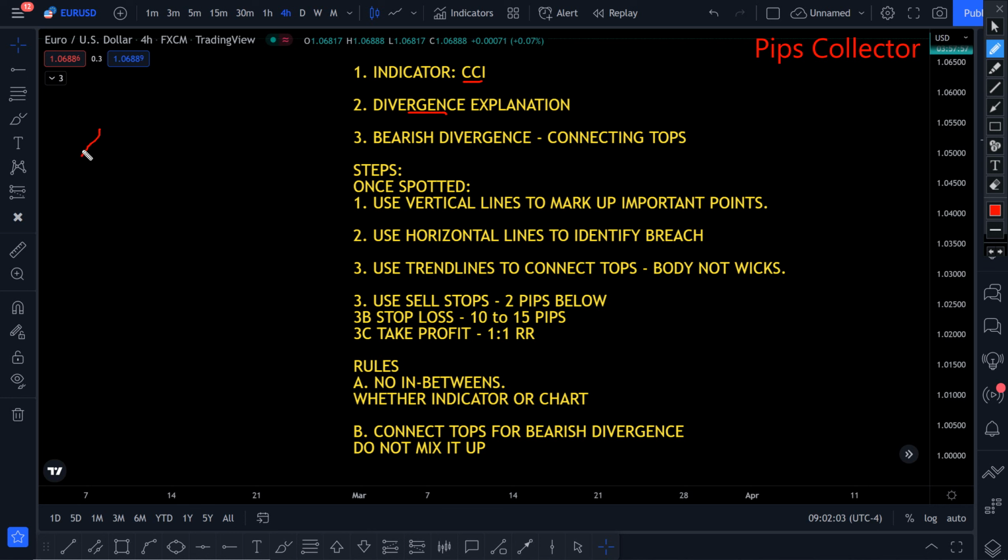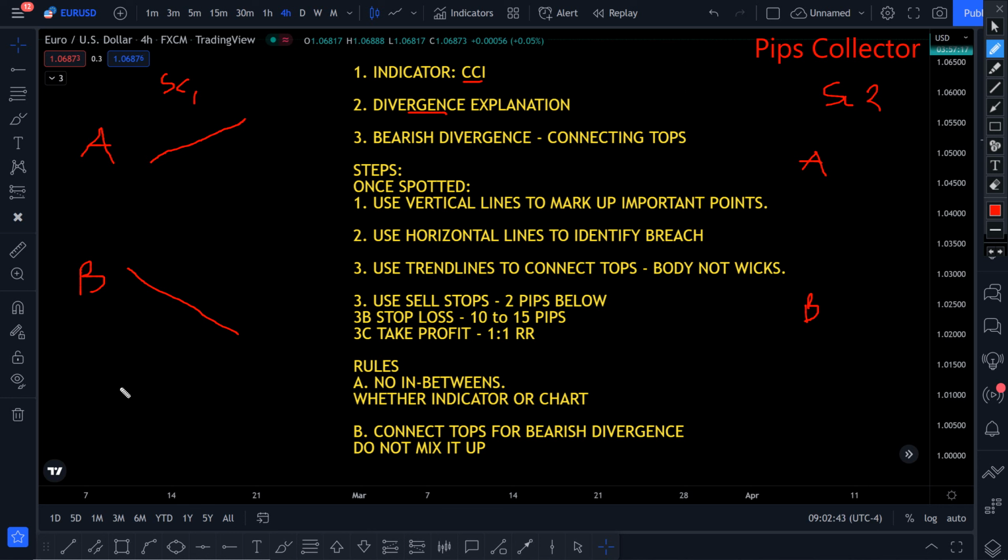Let's assume we have two scenarios, scenario 1 and scenario 2, A and B. A stands for our chart. If the chart is moving upwards and the indicator is moving downwards, we say we are experiencing some divergence.